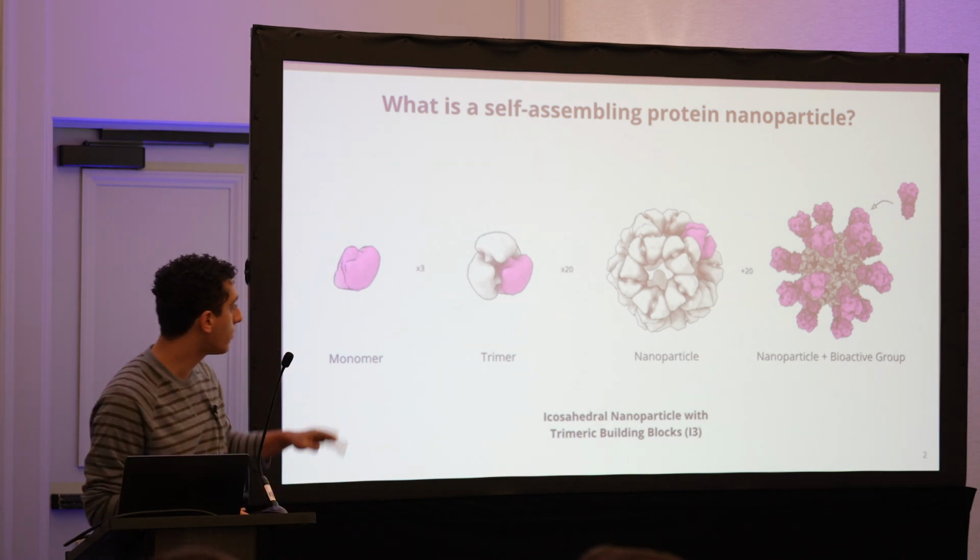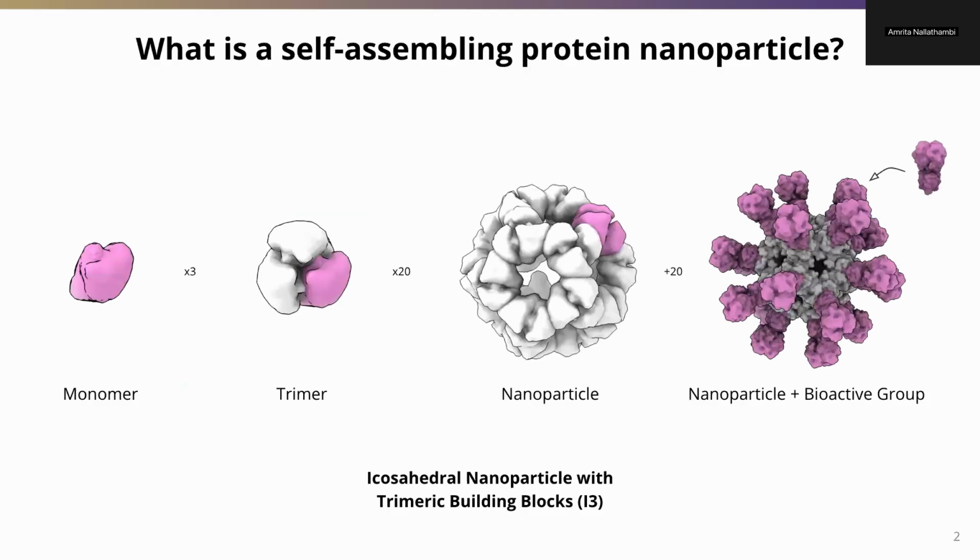I'm just showing here an example of an icosahedral nanoparticle with trimeric building blocks. So we call this an I3. It's one component. And so how we produce these when they're one component is you have a monomer, and you're just going to make that monomer over and over and over again in your cell.